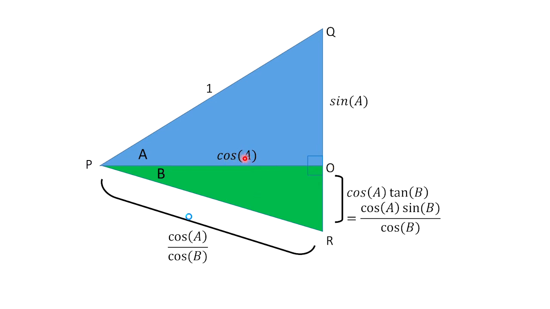Based on the cosine A right here, PR is cosine A divided by cosine B. So we got all the measures we need.